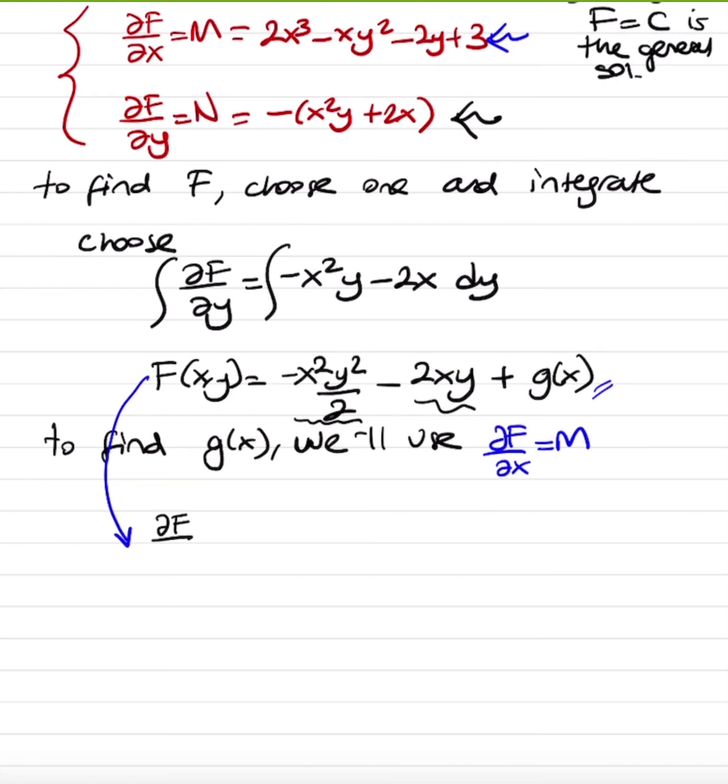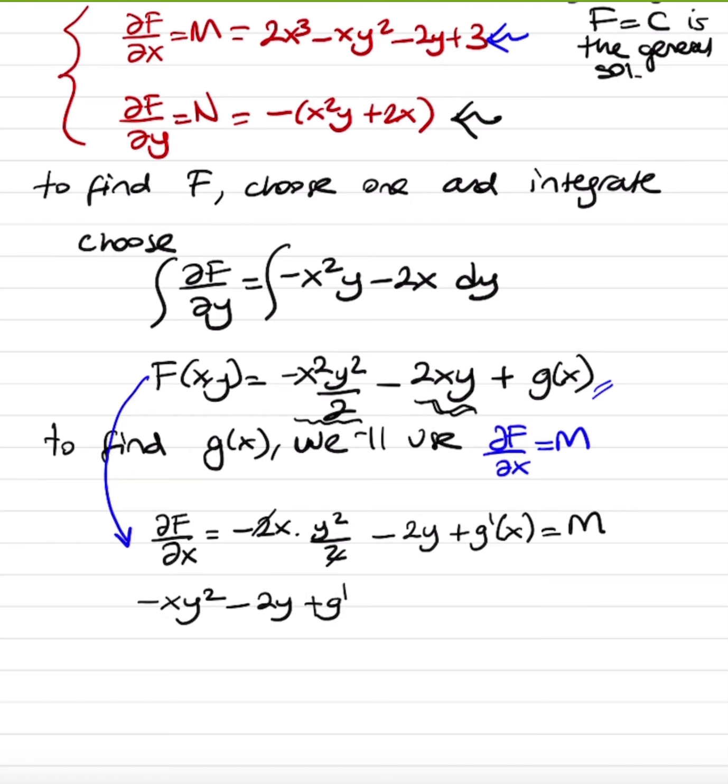So we will have del f over del x is equal to minus 2x times y squared over 2, so the 2's will cancel, minus the derivative of minus 2xy, which is 2y, plus g prime of x, and we know that this is equal to m, so we will have y squared minus 2y plus g prime of x is equal to m.